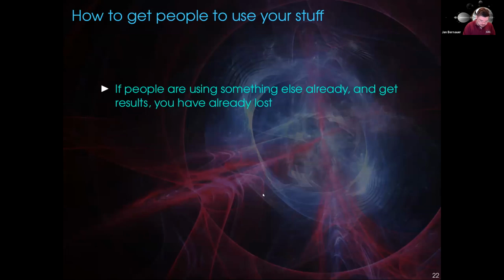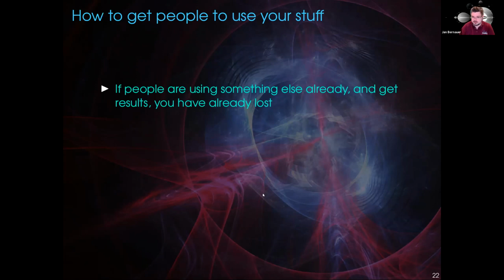So how to get people to use your stuff? If people are using something else, you already have lost. It's really, really an uphill battle to convince people to switch because they are not interested in it, right? It's not like they are computer scientists who say, okay, I want to try this other software package because that has interesting concepts, right?